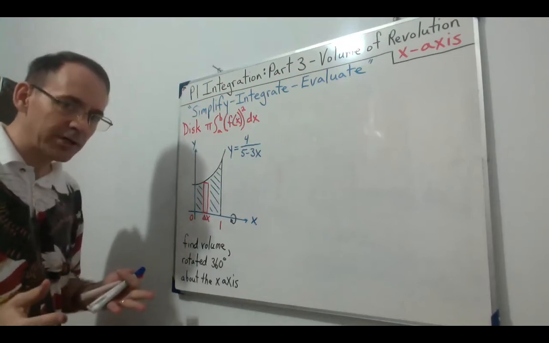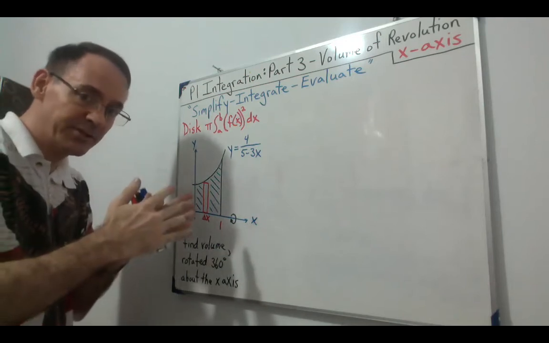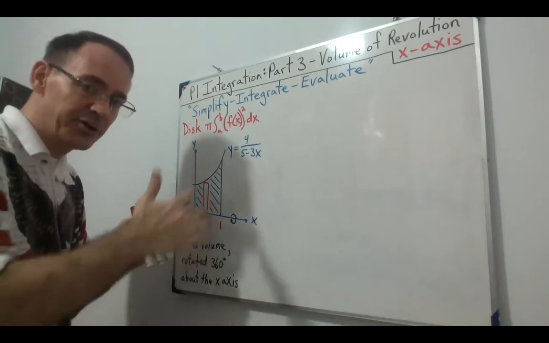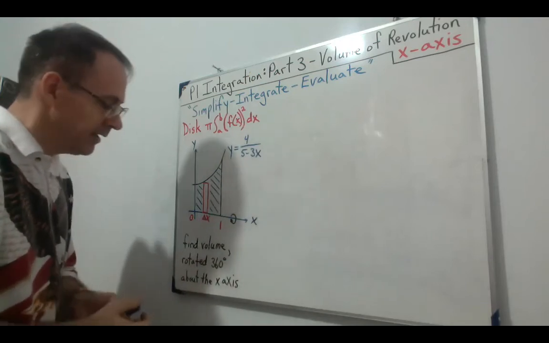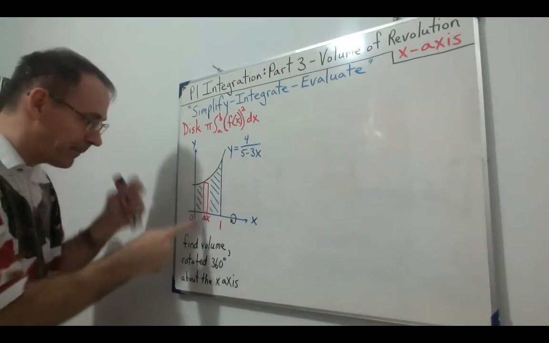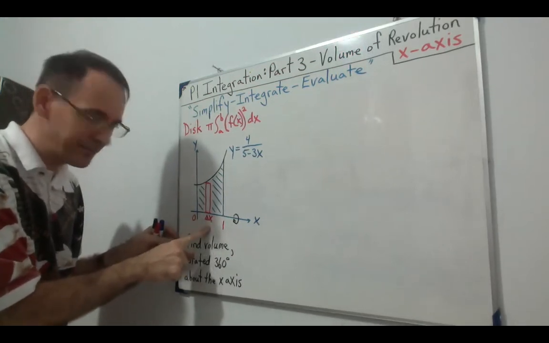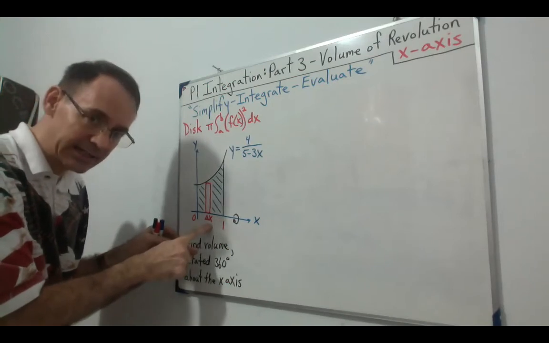And what's important for this, especially as we look at the difference between x-axis volume and y-axis volume, is since we're rotating it around the x-axis, my rectangle has to be connected to the x-axis, meaning this is a delta x.